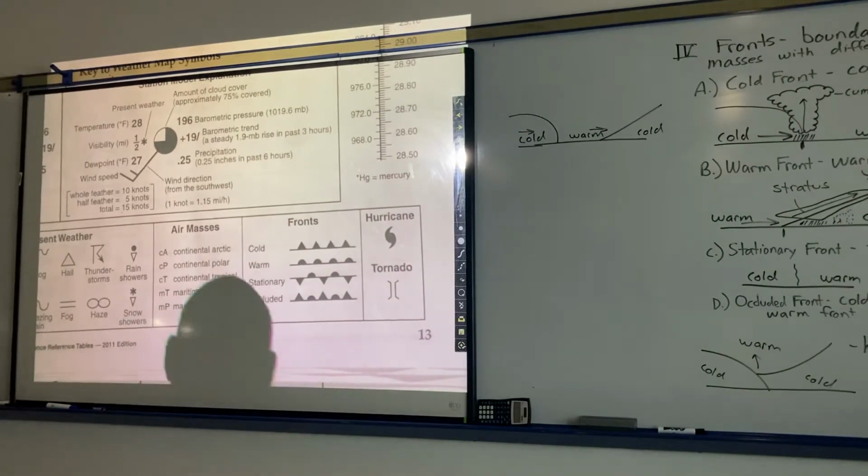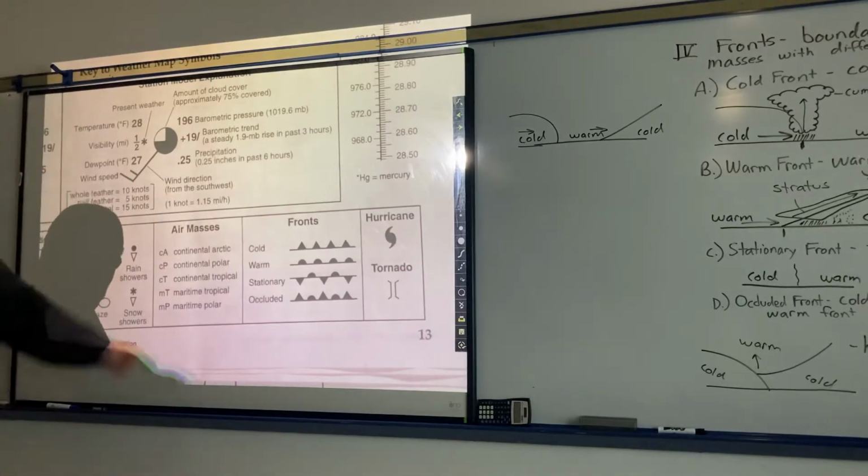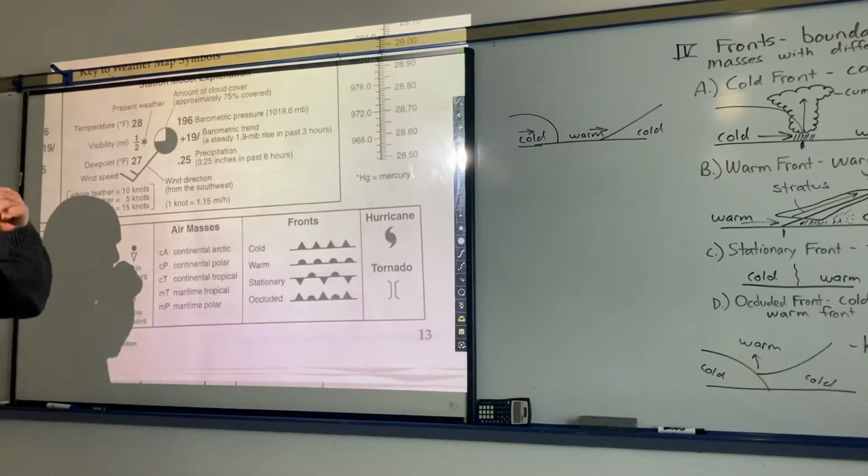On page 13 of your reference tables, where we've had this other weather stuff, there's a section with fronts, and it shows you the symbols that are used on weather maps to show the fronts.